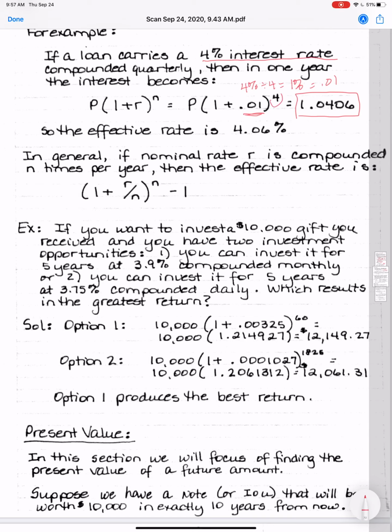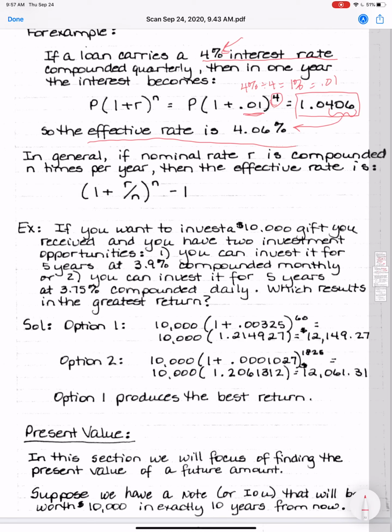And you have 4 periods in a year. So when you look at the interest that you receive, even though this states that it's 4%, once you compound it, the effective rate is 4.06%.